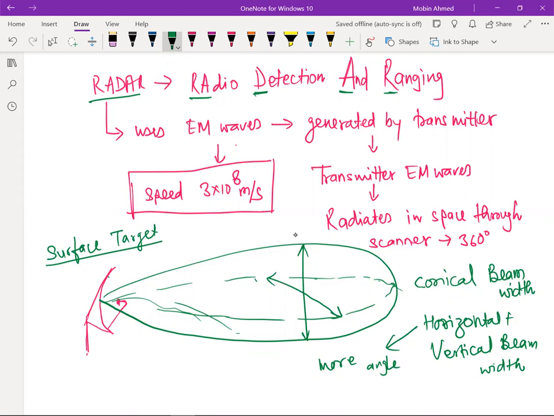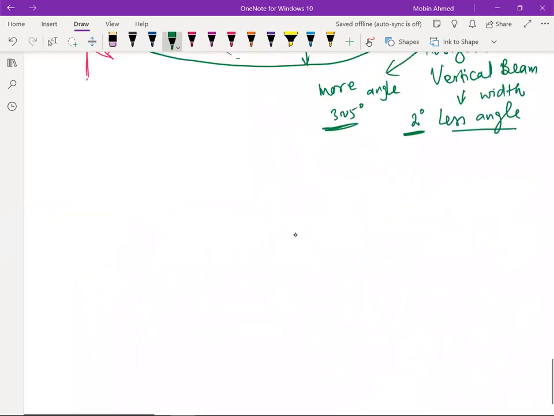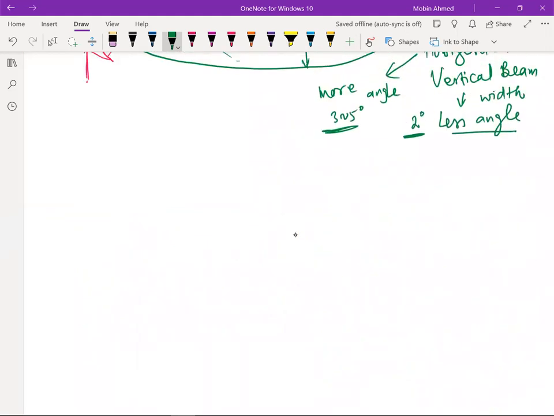Vertical beam width is going to have the smaller angle. Generally the horizontal is 3 to 5 degrees, and the vertical beam width is 2 degrees. So there is a degree they are having, horizontal and vertical. You need to see your manual. Whatever is given, that is there. Now, when it is going to reach the target, what happens when it is going to reach the target?